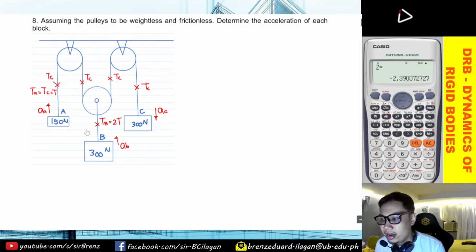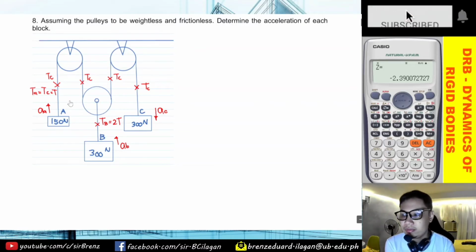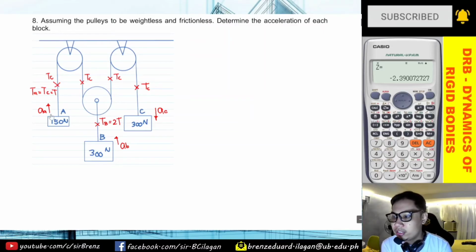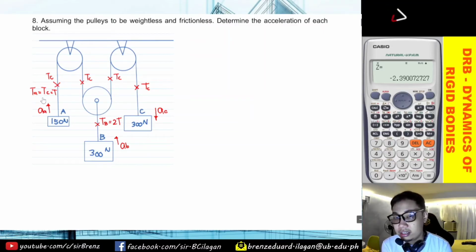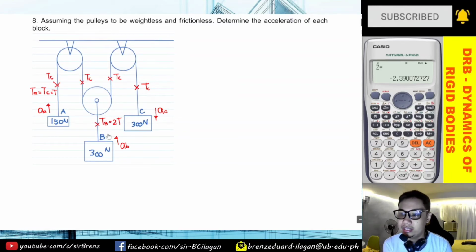So kapag gumawa ng free body diagram, nagsummation ng forces Y, yung TB mo is equals lang sa dalawang tension C. Pero inassume na natin sila as T na lang para at least kaunti lang yung unknowns mo. Kung gagawin mo siyang table, TA is equals lang sa TC or equals lang sila sa T, and then yung TB mo is equals lang sa 2T. So nakuha na natin yung relationship ng mga tension nila.